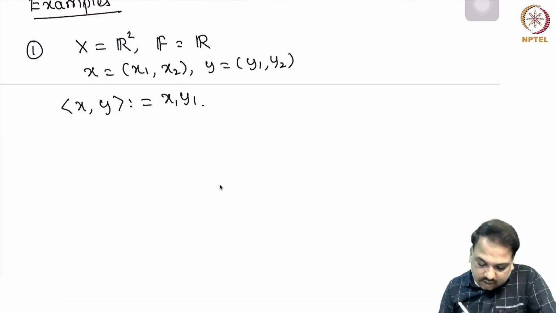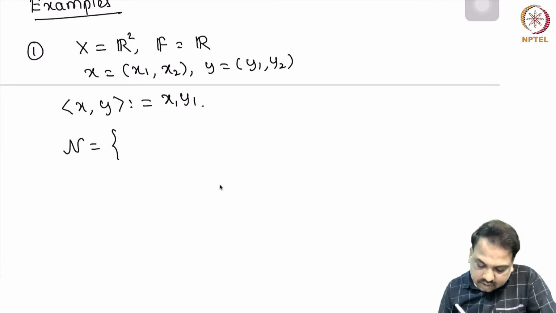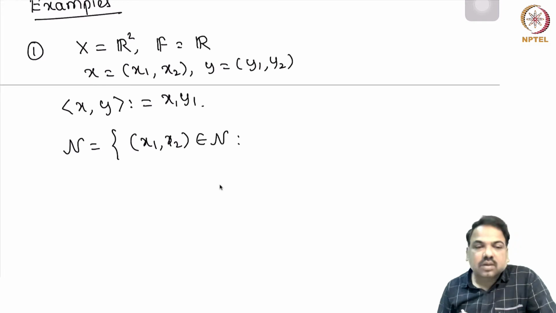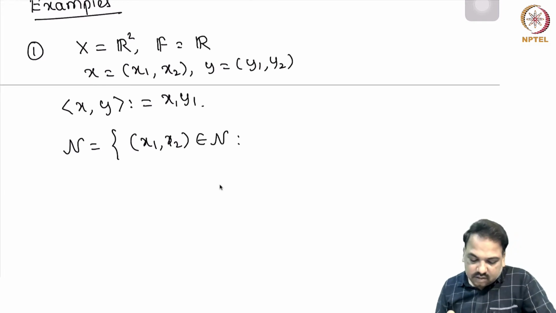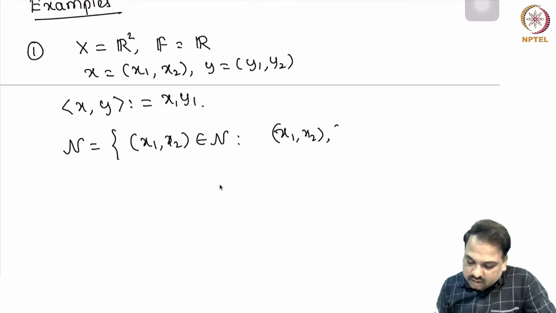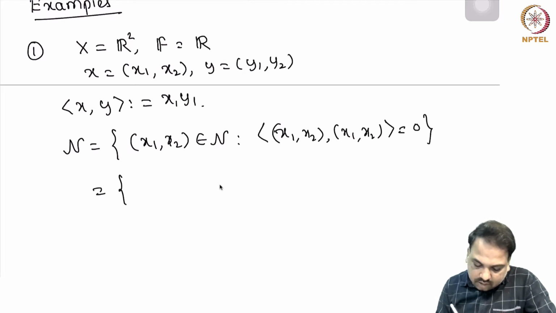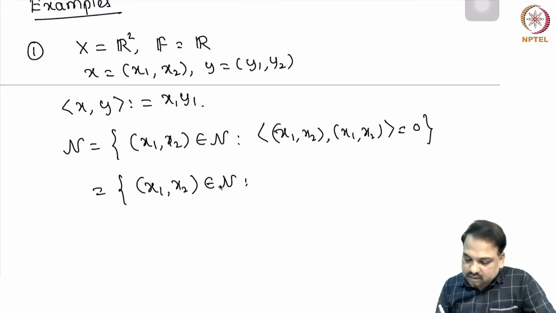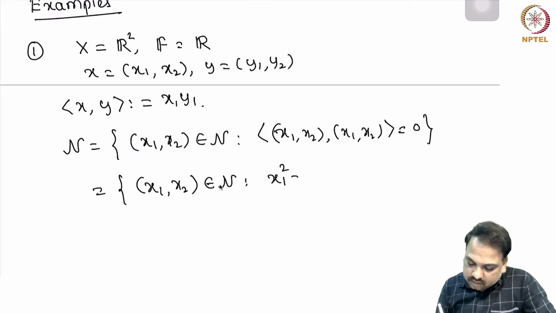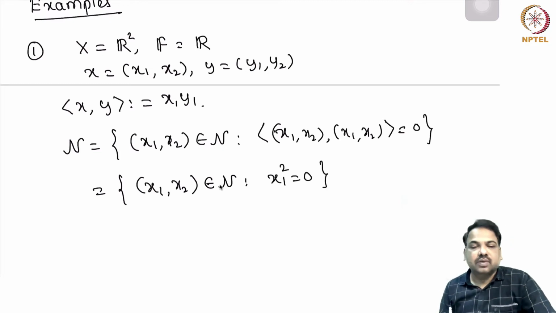Now in this case, if you look at script N, that is the set of all (x1, x2) coming from R2 such that the semi-inner product of (x1, x2) with itself is 0. So this is nothing but the set of all (x1, x2) in R2 such that x1 square is 0, so that is nothing but x1 is 0.